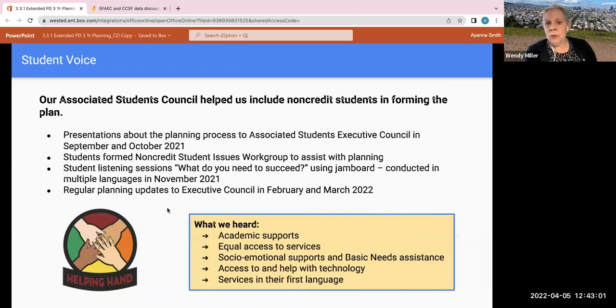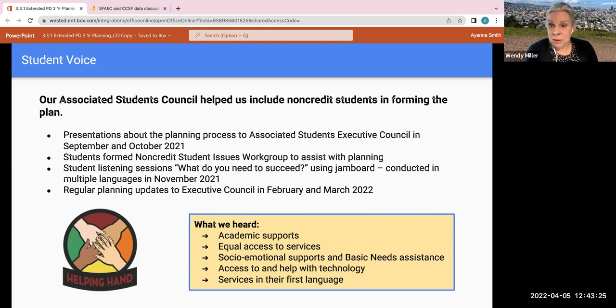So this is what we heard from the students. This is for what non-credit students want. They want the same kind of academic supports that credit students want: tutoring, peer mentoring, access to free textbooks. They want reserved textbooks at the library. They want open educational resources.